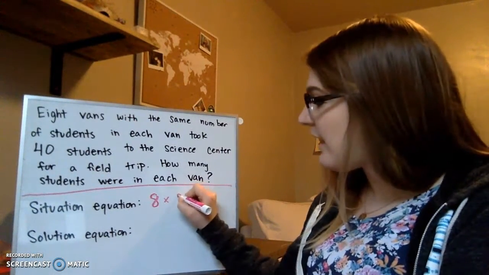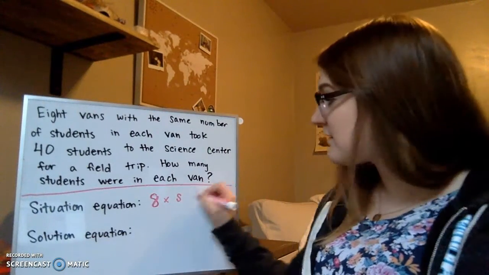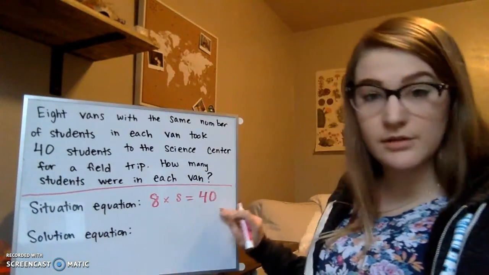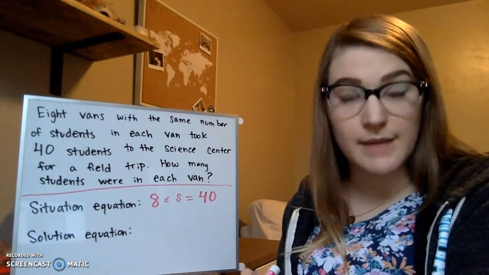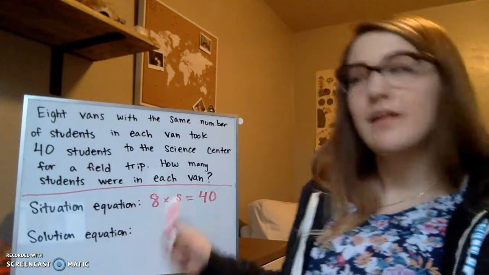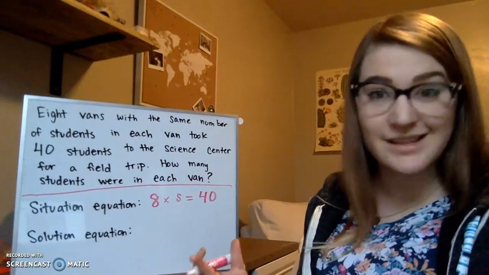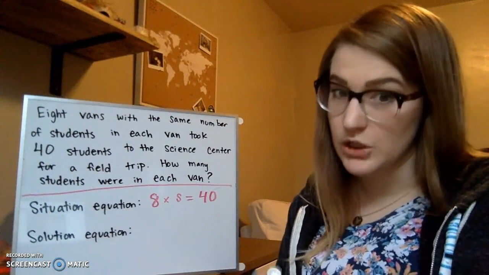I'm going to do S for students, so 8 times S equals our total number of students, which is 40. So I'm going to write that as my situation equation. Now this might be the equation that you use to find your solution as well, and that's great. But I'm going to try to think of another equation that I could use.